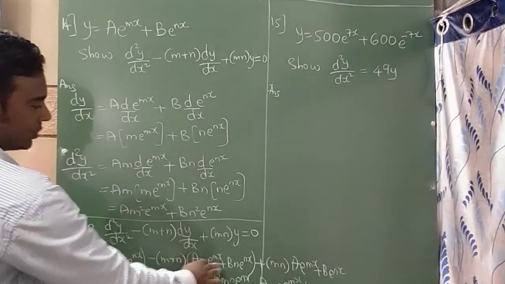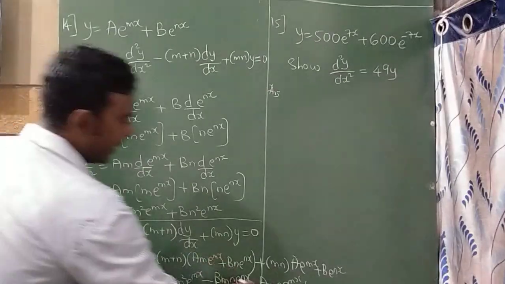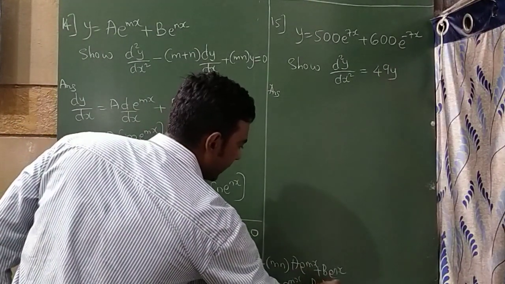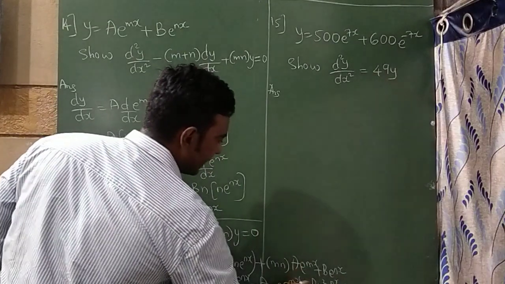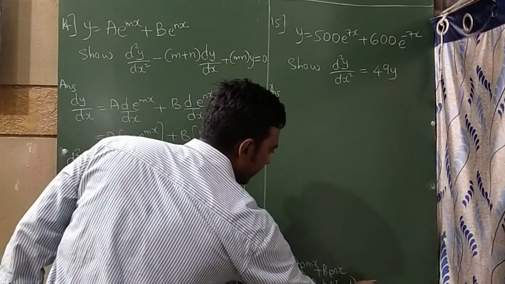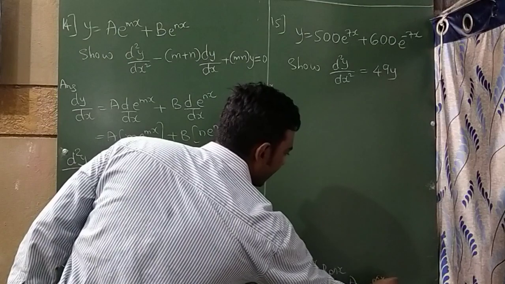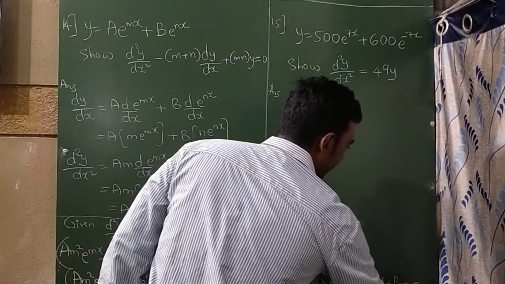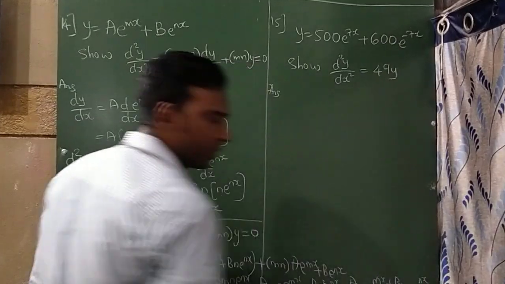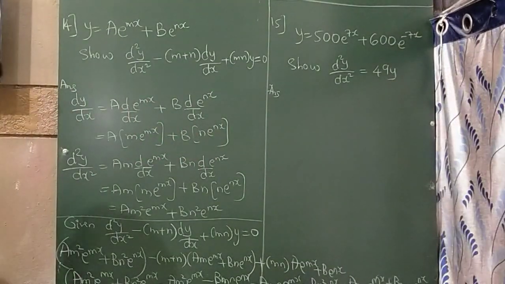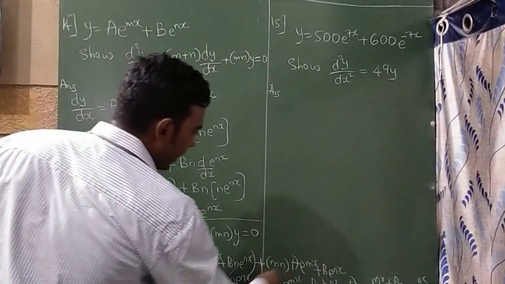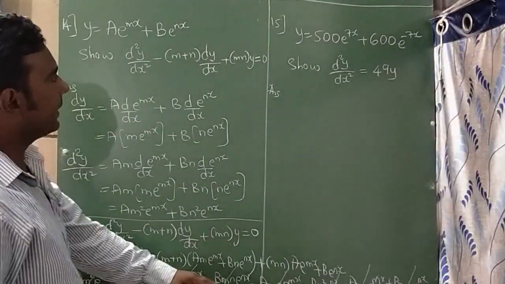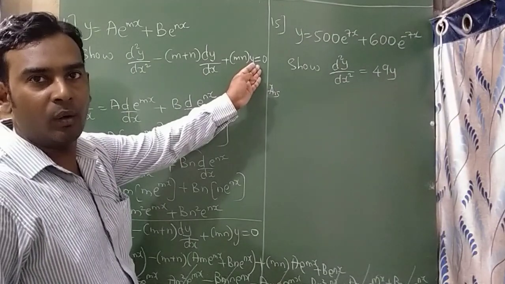So minus into plus is minus, n into n is minus b n square e raised to nx, plus multiply this: a mn e raised to mx plus b mn e raised to nx. Here you can just check, all these get cancelled. One is plus, one is minus, one is plus, one is minus. All get cancelled, so the final answer is 0.